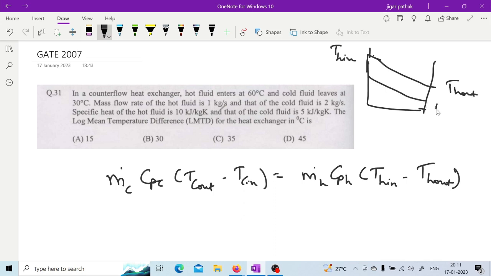Similarly here you will have TC in, TC out. So mC is given as 2, CPC is given as 5 kilojoule per kgK, TC out.